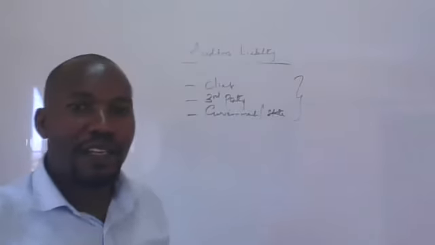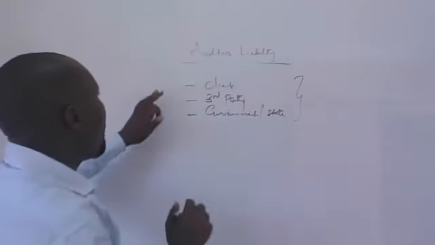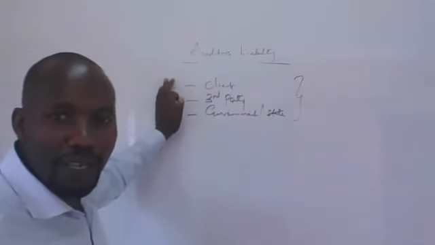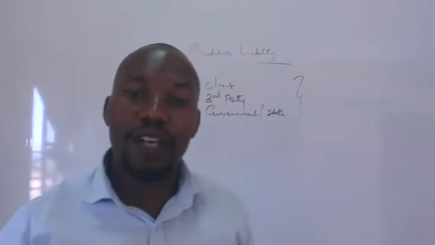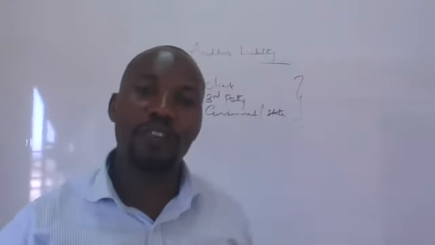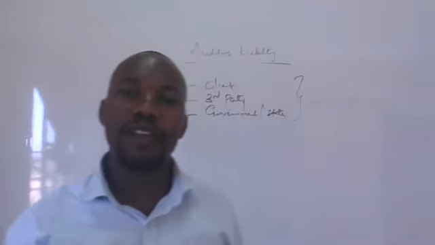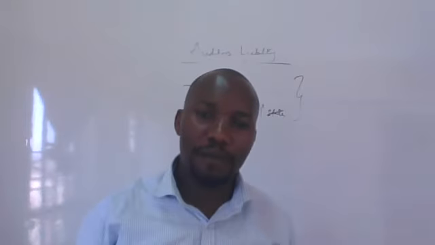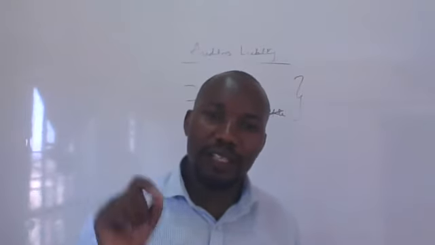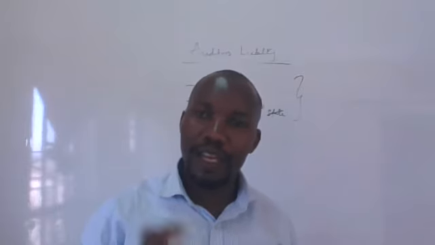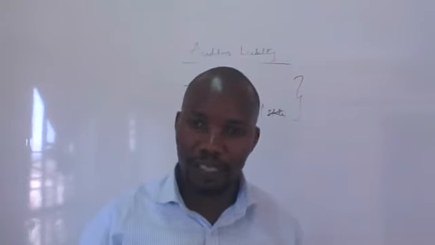Now the question is, how does an auditor owe liability to a client? Remember, the auditor is liable to the client to fulfill his main objective, which is to give out the report. So part of the liability to the client is to be able to detect fraud or errors in the financial statement.